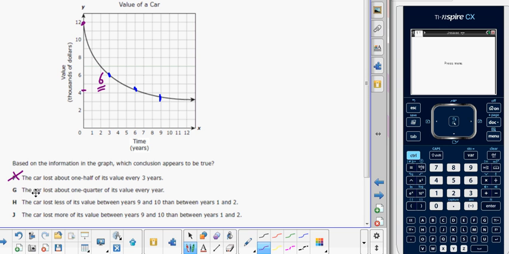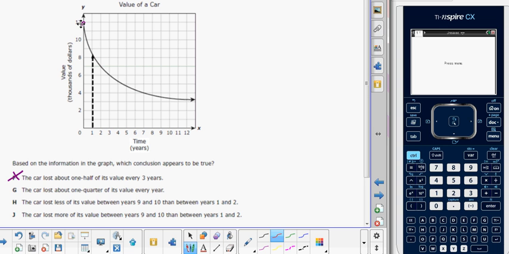Let me see G. The car loses about 1/4 of its value every year. Again, every year. So now instead of going by every 3 years, we're going to go by year. So let's see, right here. A quarter means you divide by 4. So what's the quarter of 12? The quarter of 12 is 3.